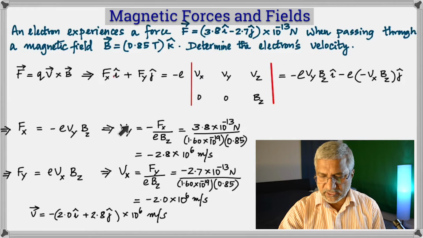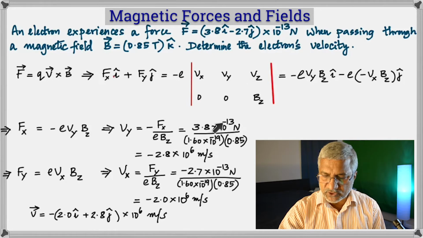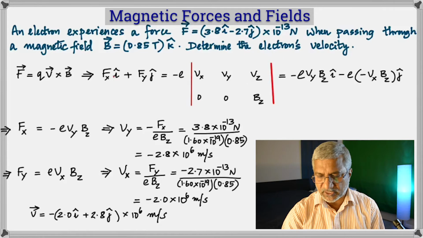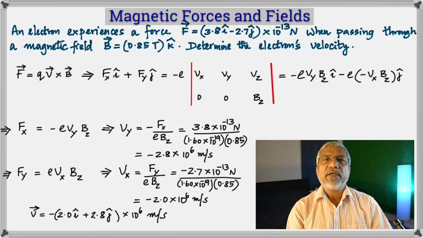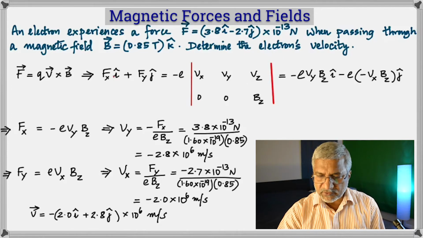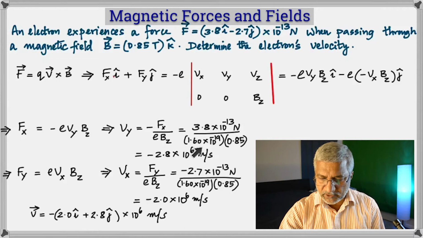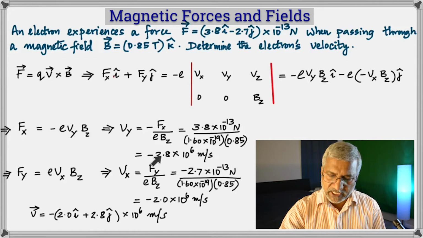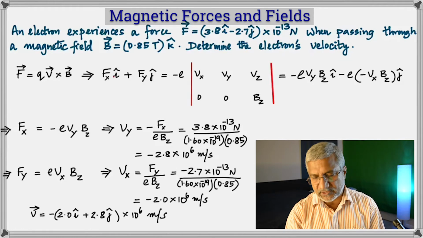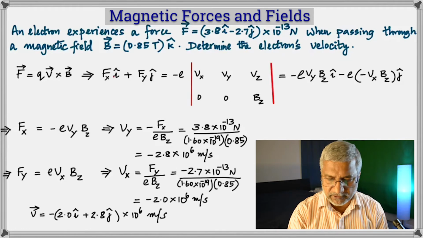Then rearrange that to make Vy the subject, which gets us minus Fx by e Bz. And then that is the force that's given, 3.8 times 10 to the negative 13, divided by the charge of the electron, and then Bz, which is 0.85. Calculation gives negative 2.8 times 10 to the 6 meters per second.